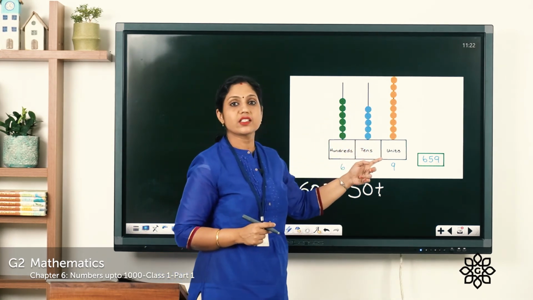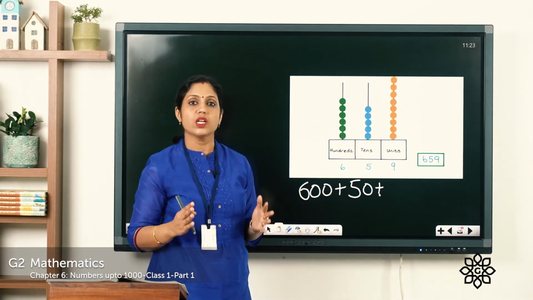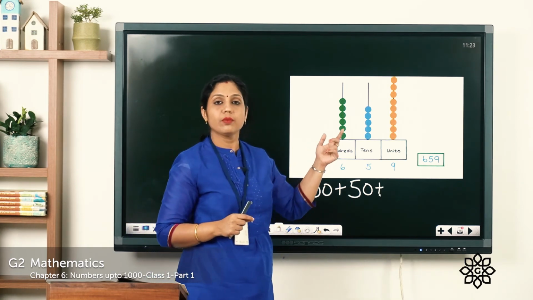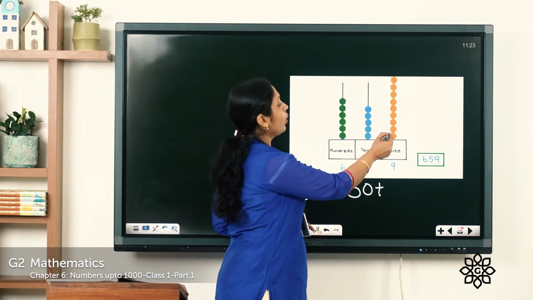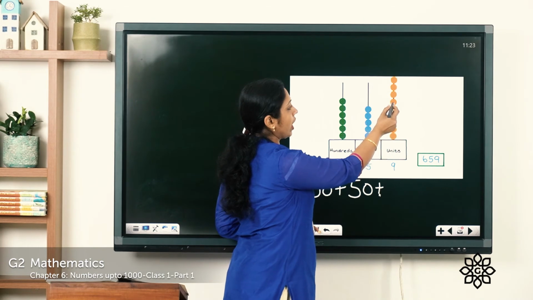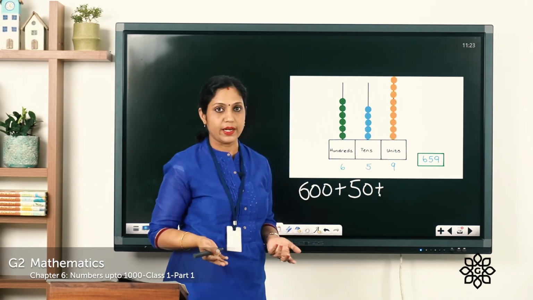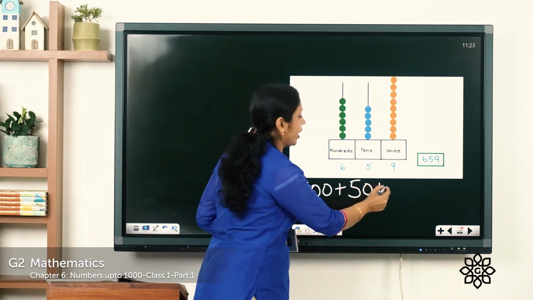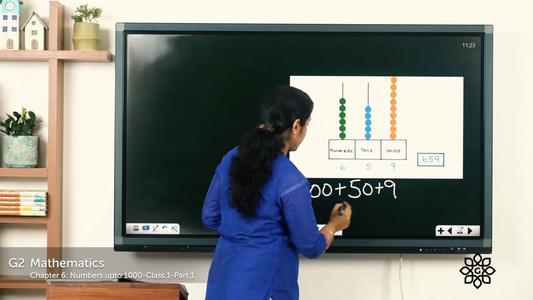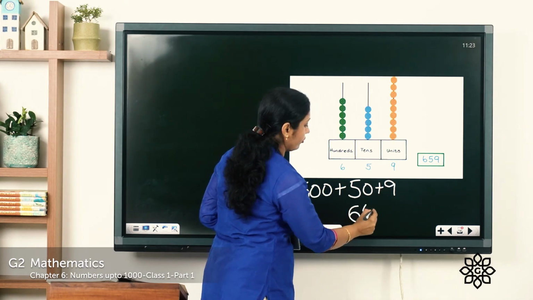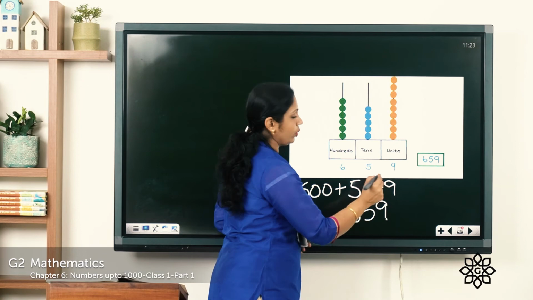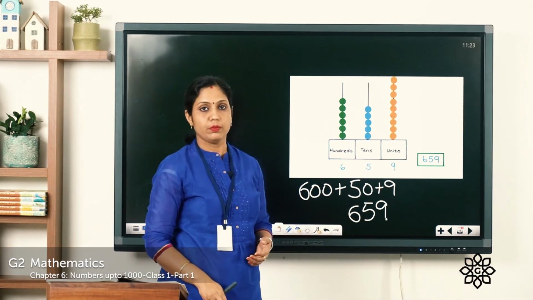Here you can see that it's written units. Units and ones are the same. So how many beads are there in the ones position? 1, 2, 3, 4, 5, 6, 7, 8, 9. So there are 9 beads. So write it 9. And what is the answer? 659. So by looking at the abacus, we can write the numbers in such a way.